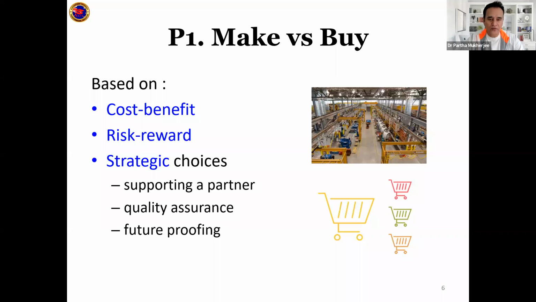Similarly, risk versus reward. What are the risks versus what are the rewards? And I talked about the strategic choices. Sometimes the strategic choices could be that you want to support a partner. You are part of a conglomerate. For example, your iPhone, your Apple.